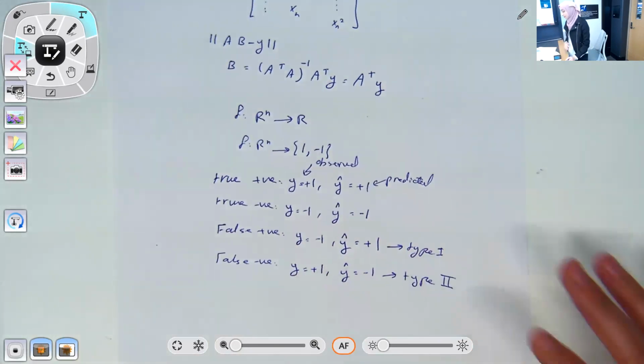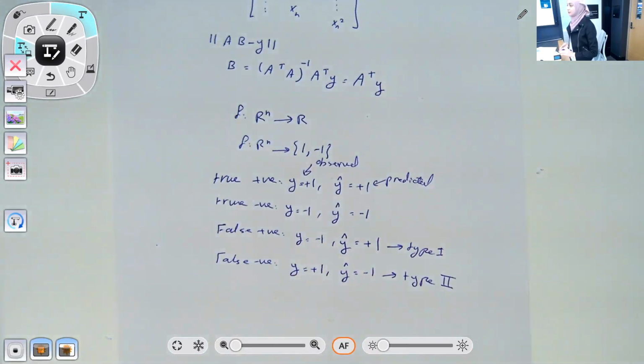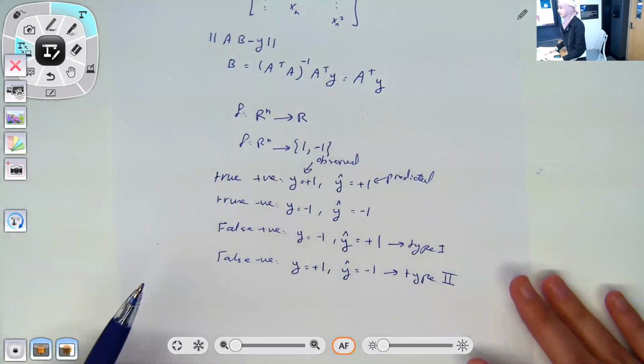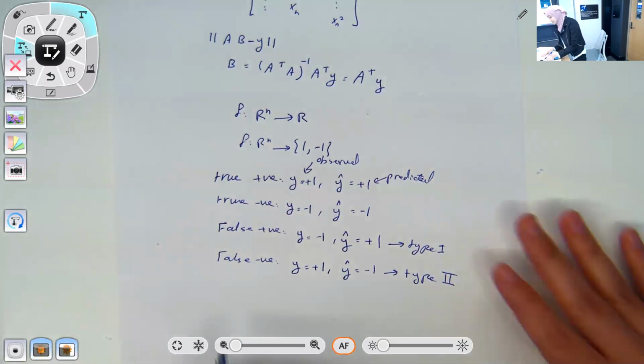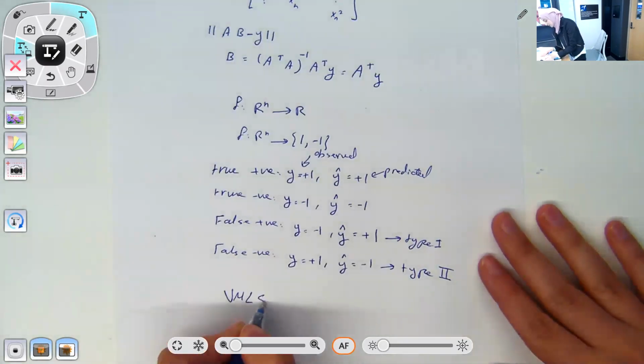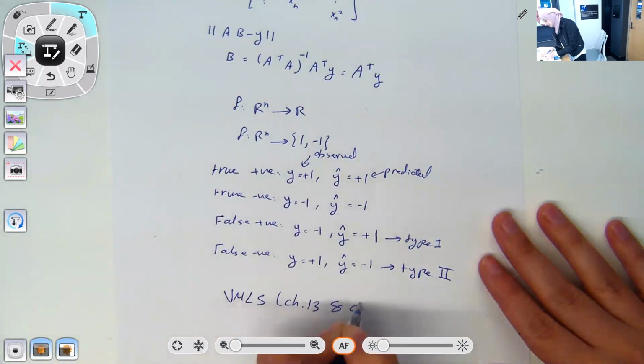So the idea in classification is that the output all the time is 1 or 2, positive or negative. If you have 2, we call it binary, or maybe more than 2. To learn more about classification, you can go back to the VMLS book, chapter 13 and chapter 14.